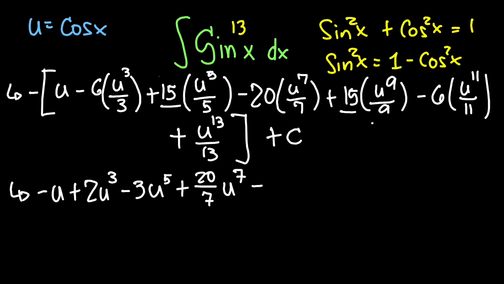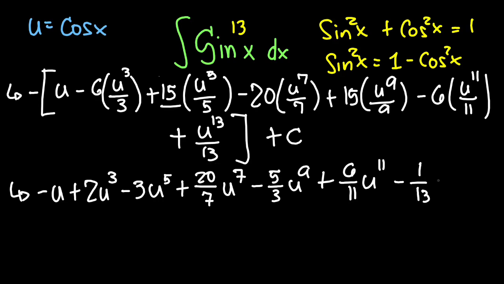You can reduce this to 5 over 3 multiplied by u to the power of 9 plus 6 over 11 u to the power of 11 minus, for this one, we can rewrite this as 1 over 13 multiplied by u to the power of 13, and add the constant of integration.